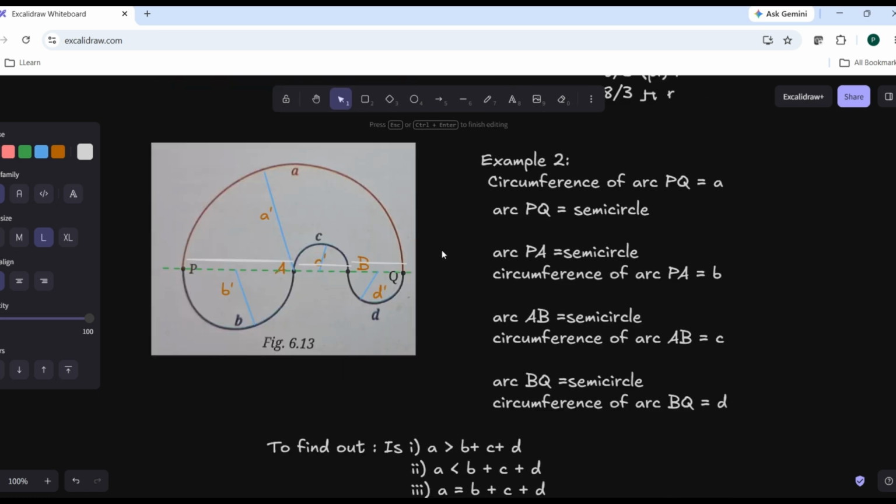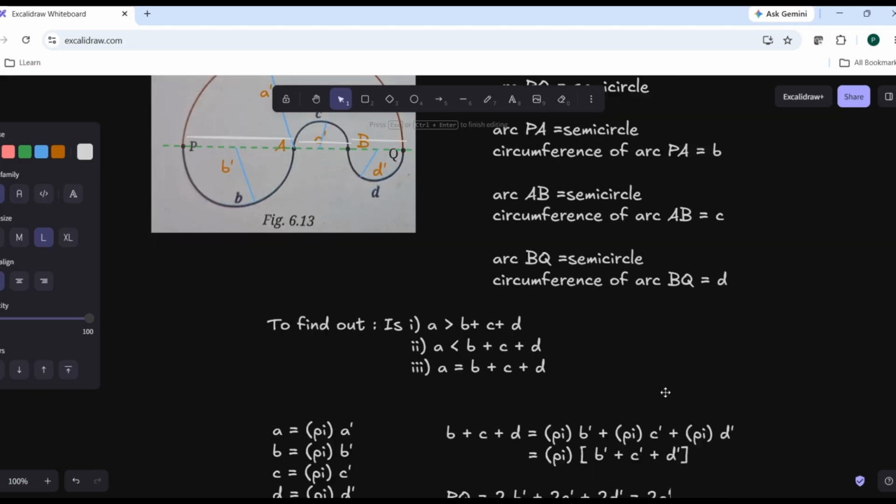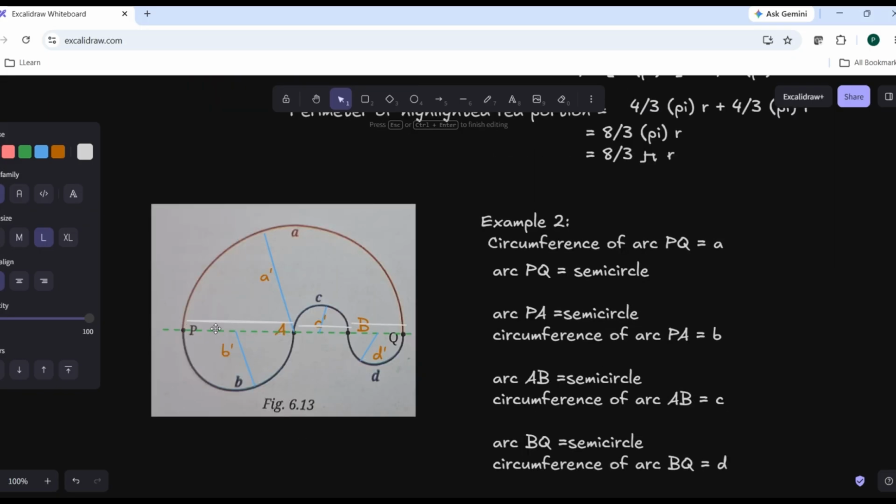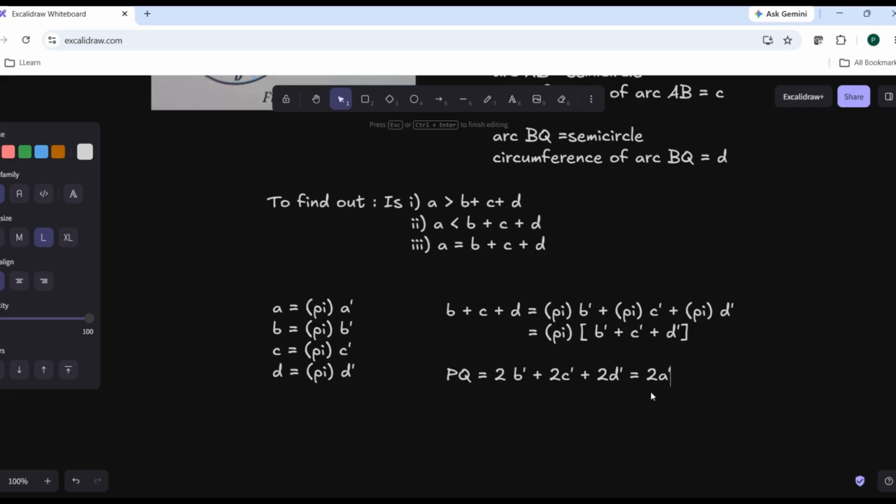This diameter plus this diameter plus this diameter, right? So that is 2B dash plus 2C dash plus 2D dash. And this PQ is the diameter of the circle with arc A. So 2A dash, since A dash is the radius. So the length of PQ is 2A dash, right? So this will mean that we take 2 out from both the sides. This will make it A dash is equal to B dash plus C dash plus D dash, right?